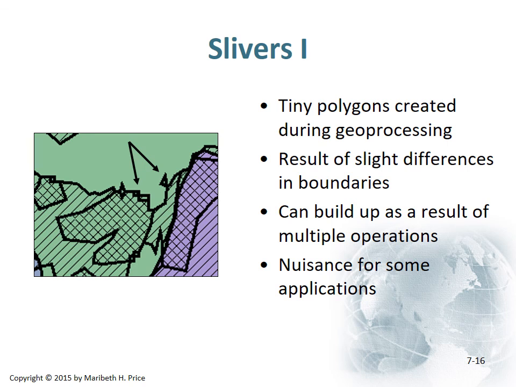And if we do many different kinds of geoprocessing, pulling together lots of different data sets, we could wind up with quite a few of these little slivers, and they're tiny little areas, and they may not even be significant. They may not be the right size to be significant for our project, for our study.